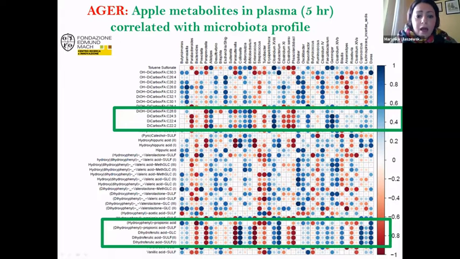bacteria, let's say. And that's the picture showing you the correlation. You can appreciate here in the green box down very similar patterns in the responses between the correlations between the metabolites and the microbiota species. So you see that they are very characteristic.